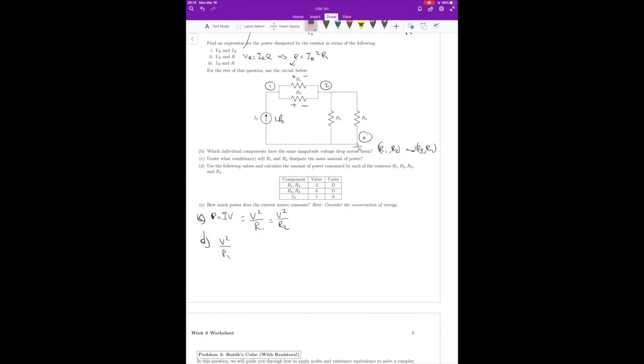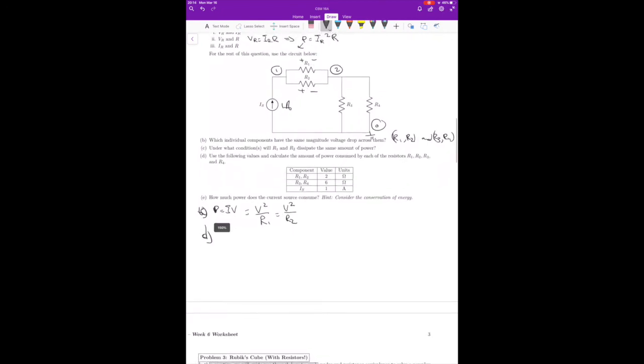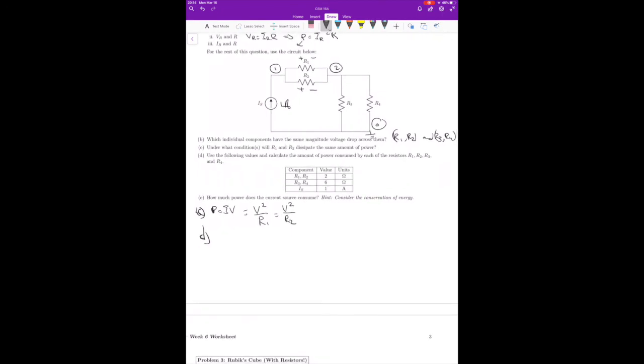And so since we have the current and we have the resistances, both of them are 2, we can use the fact that the current is going to split up evenly in parallel. And this is because they have the same resistance. I can prove this maybe later. So we get that I1 is equal to I2 is equal to 1/2, because it's 1 amp divided by 2.